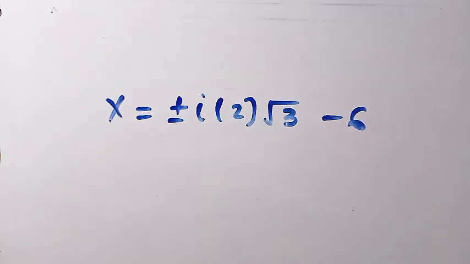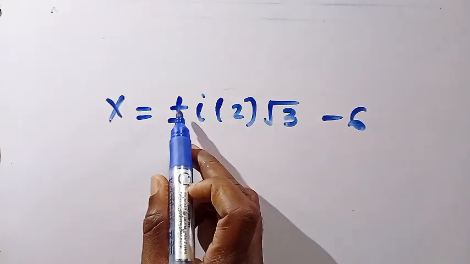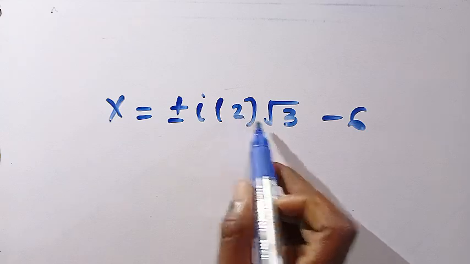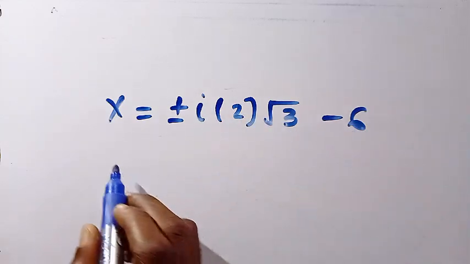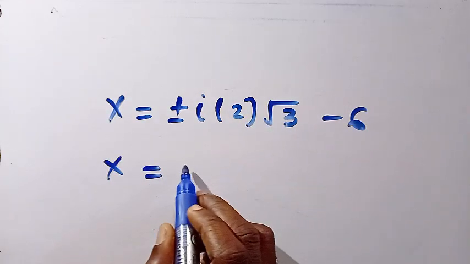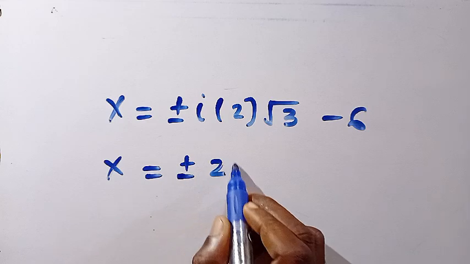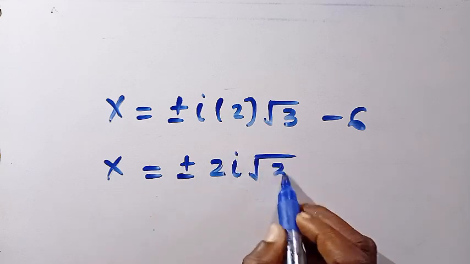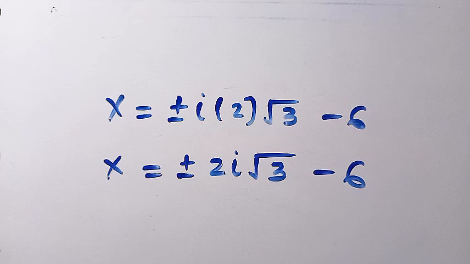So since we have x equals plus or minus i multiplied by 2 multiplied by root 3, then minus 6, we write this as x = plus or minus 2i root 3 minus 6.